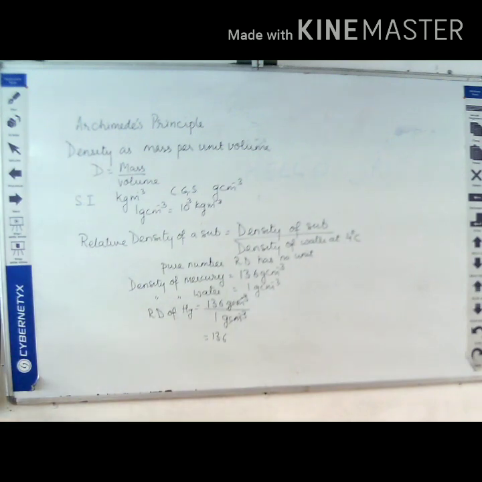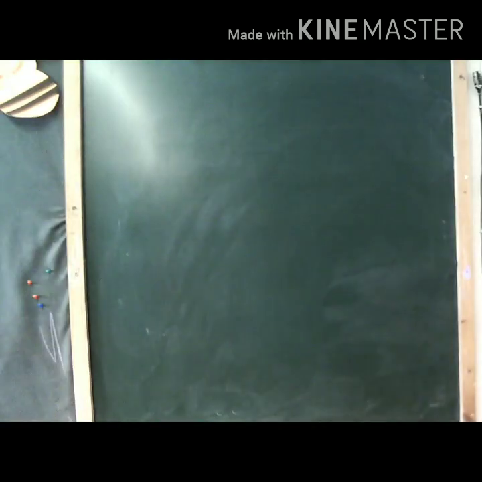Now, if we use Archimedes principle, then it becomes much easier. So let's see how we can use Archimedes principle to determine the relative density of a substance. Okay, now do you recall the Archimedes principle?